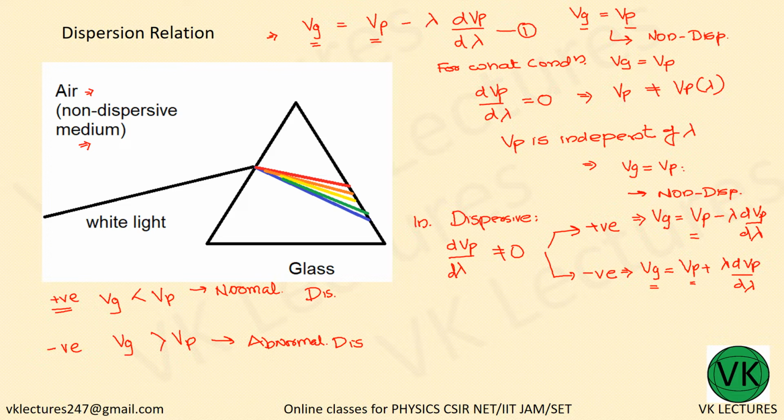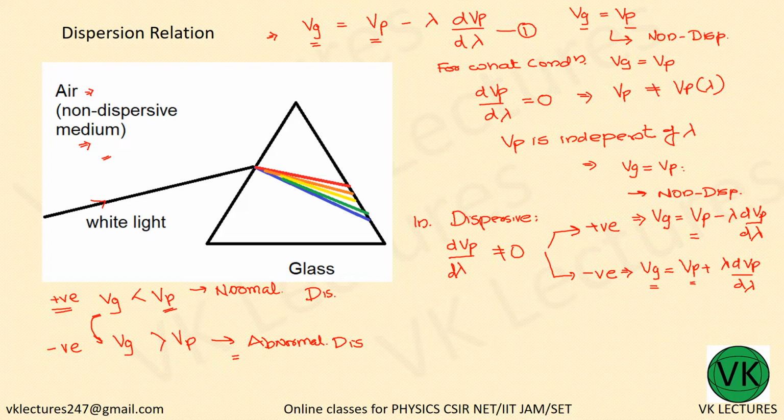That means usually group velocity should always be less than phase velocity, and if not, in that case Vg is greater than Vp, and it is called abnormal dispersion.